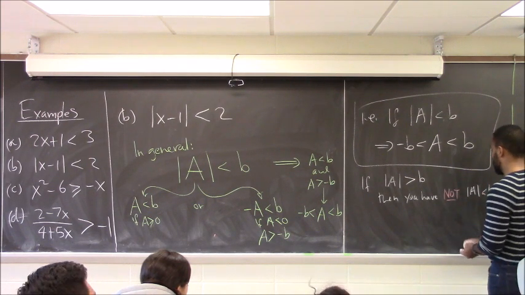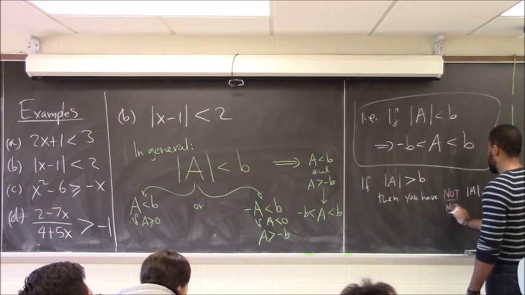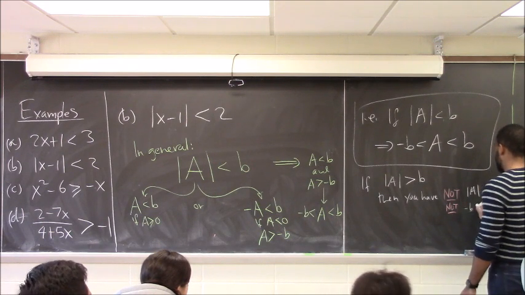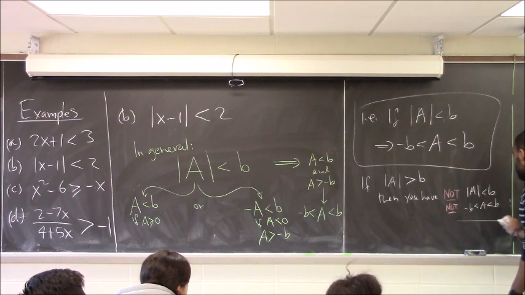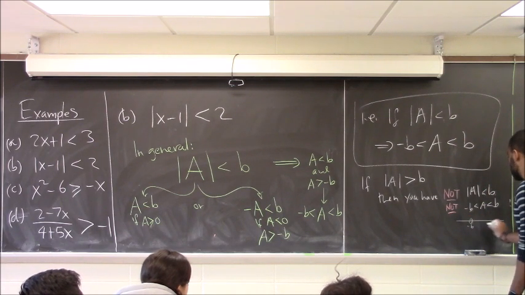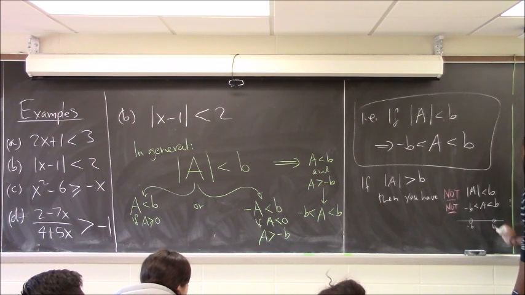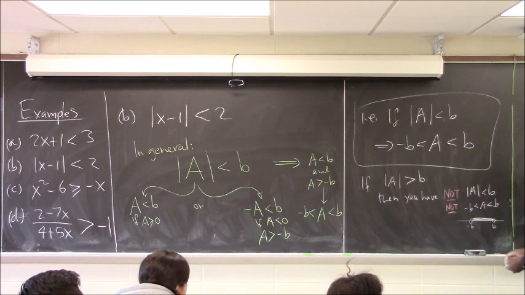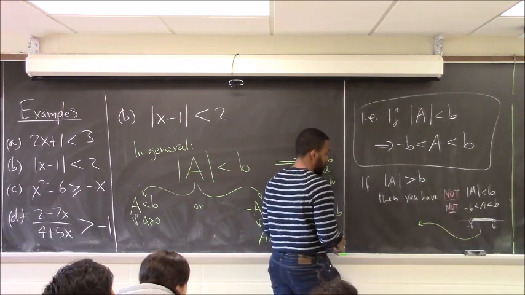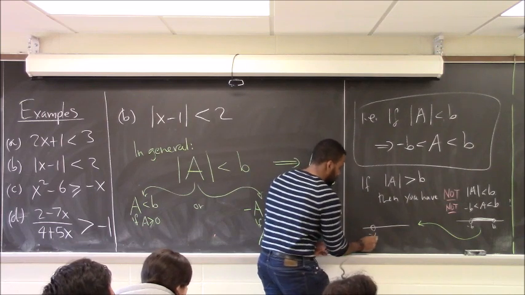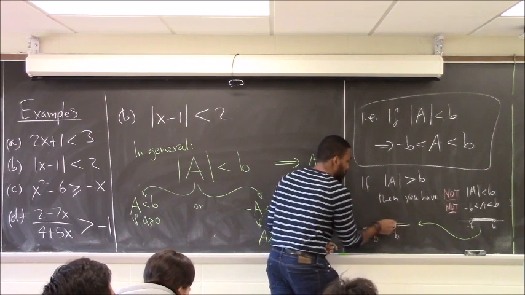This means you have not A between negative B and B. What that means is this one tells you that you're in here. Consequently, this one means you're the opposite. It means you're out here.